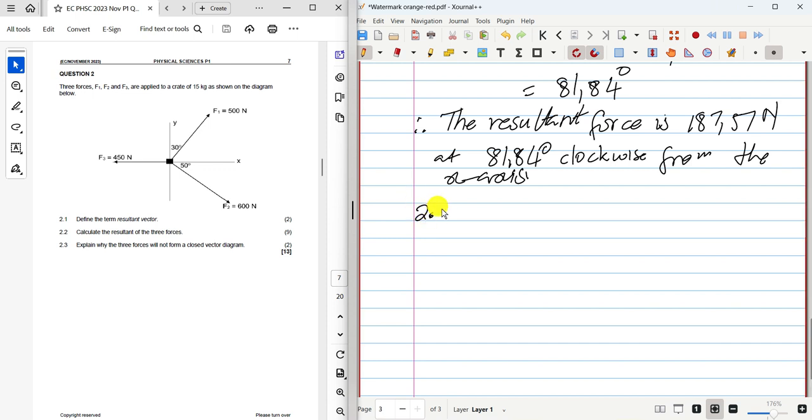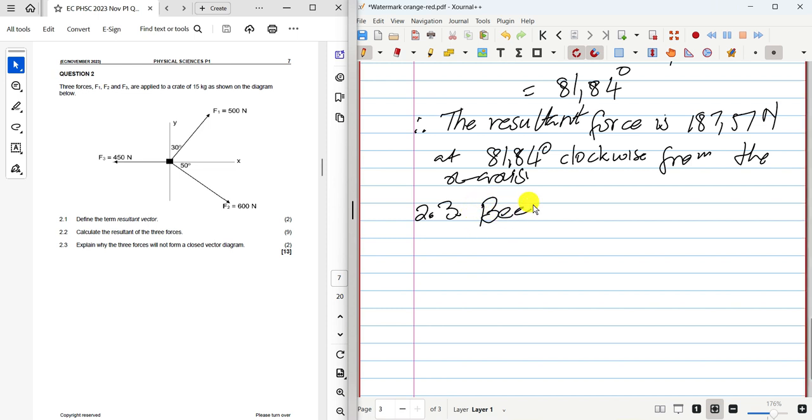Question 2.3: explain why the three forces will not form a closed vector diagram. Why will they not form a closed vector diagram? This is because the resultant is not zero.